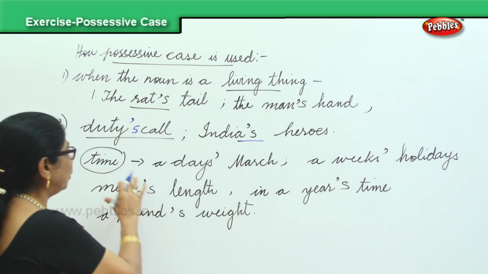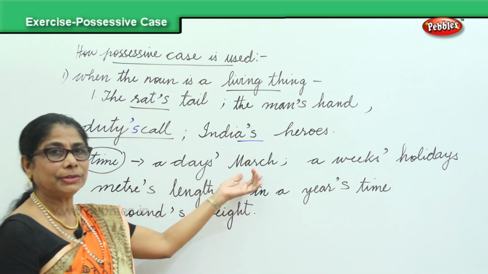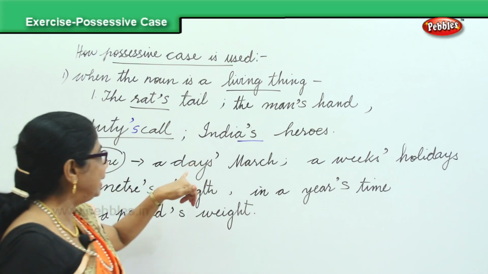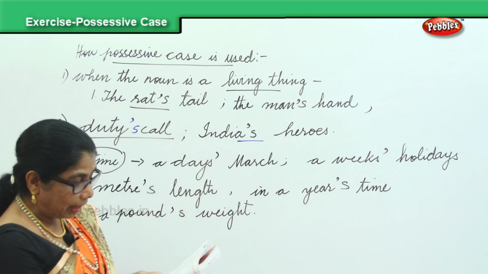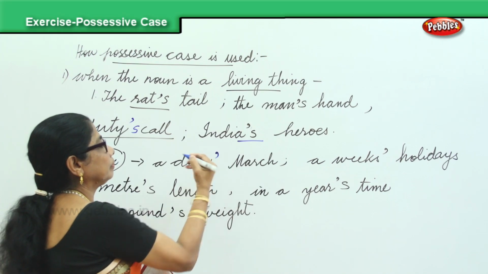In the third form, we are talking about time, a day's march, a week's holiday. When you say day, you write the day, and after the day, you put the apostrophe.